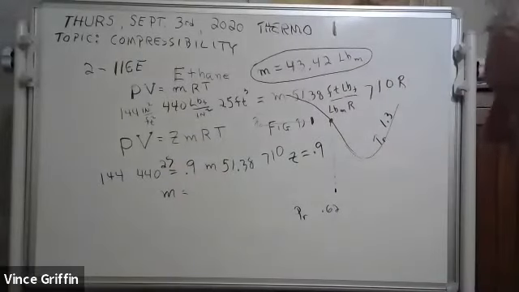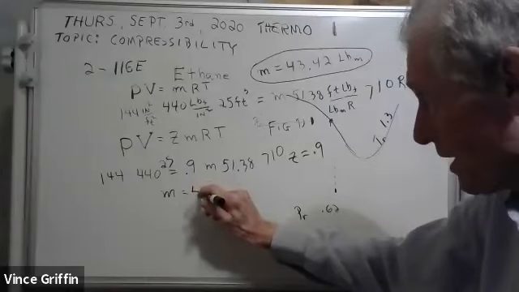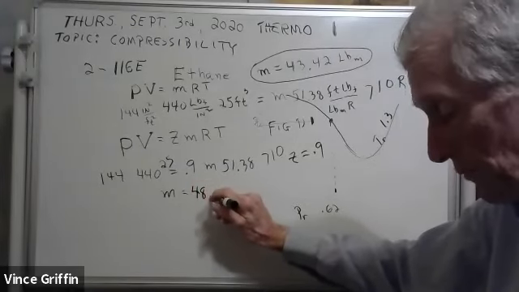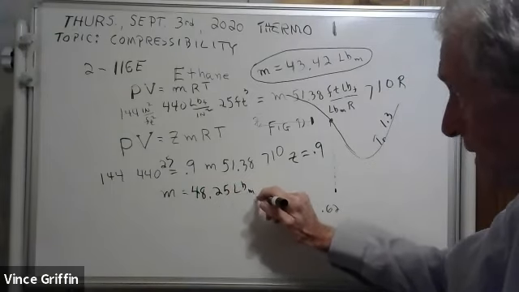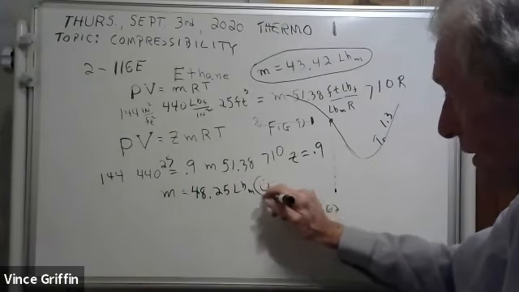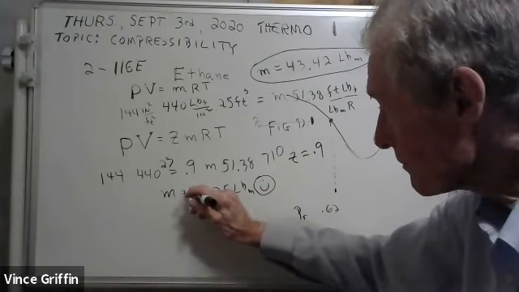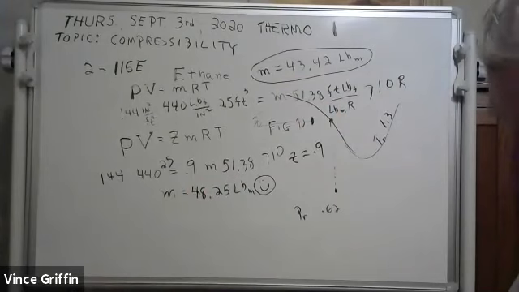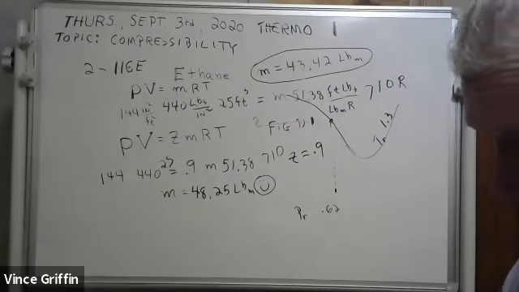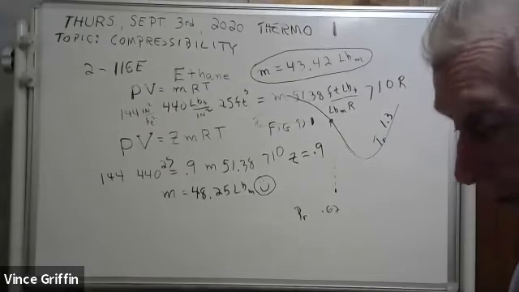Okay, now let me do this right. I'm trying to do this right now. Now I'm getting an answer this time of 48.25 pounds mass. We'll put a little happy face on that. That's more accurate than the 43 pounds mass, because we use a more accurate model.